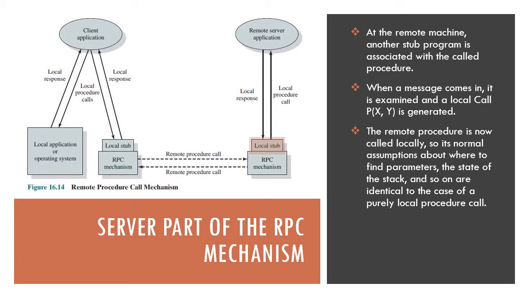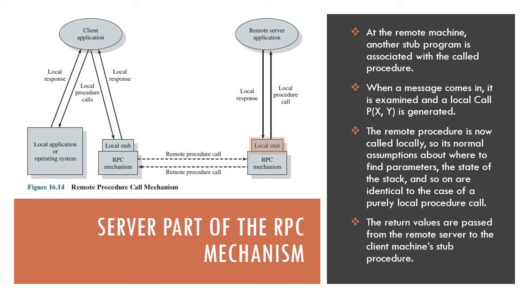The remote procedure is now called locally, so its normal assumptions about where to find the parameters, the state of the stack, and so on are identical to the case of a purely local procedure call. The return values are passed from the remote server to the client machine's stub procedure.